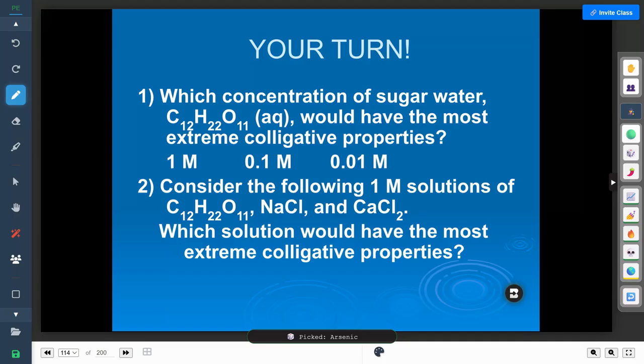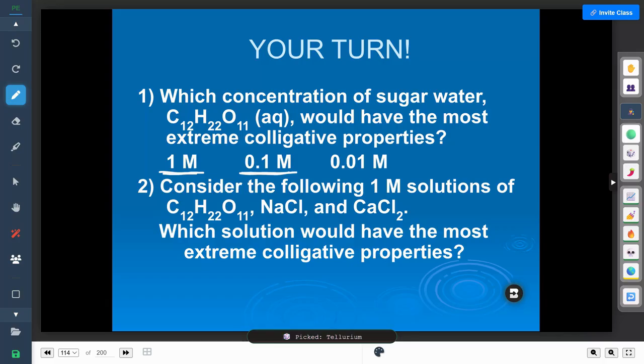We also said 1 molar, because the higher the concentration, the more extreme the properties become. Yeah, so is this a higher concentration? How much higher? A lot higher. Could you give me a number? It's like 10 times more than that. 10 times more concentrated, right? This is a mole per liter. This is 1/10 of a mole per liter. So yeah, this one is definitely going to have more. Excellent. Okay, let's go to our next one.